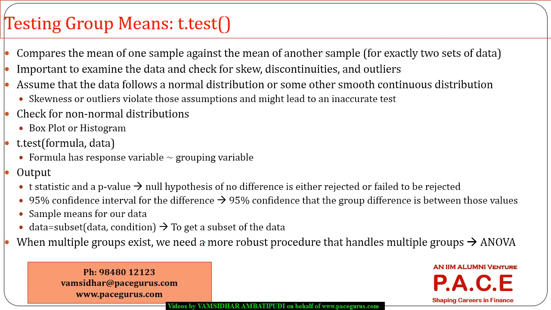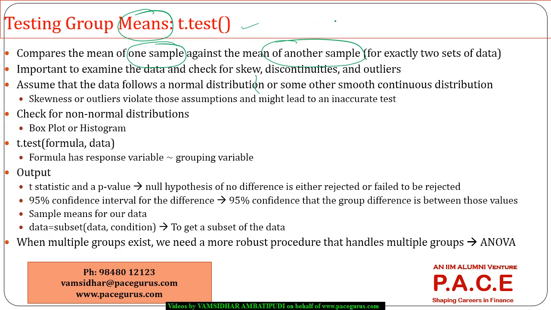Now, moving on to the next part, where I want to look at comparing the means across the different groups. And when I have to compare the mean values across two or more groups, we are engaging a t-test. So one sample of data, I'm taking the mean, I'm comparing it against the other sample's mean.